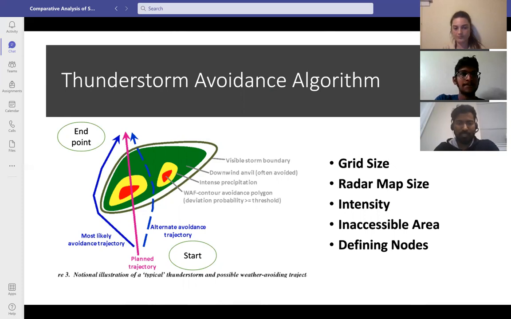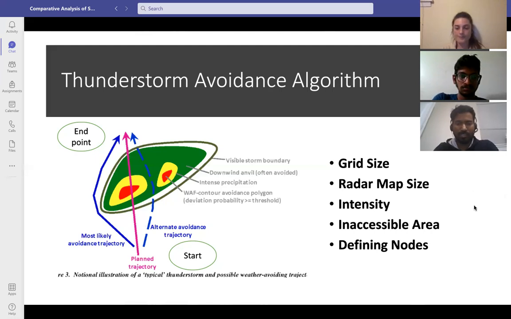If the intensity of these trajectories is too high, then that path should not be an ideal path to go forward, and they call it an inaccessible area. Because it's the thunderstorm-contained area, you should not move the plane in that direction.